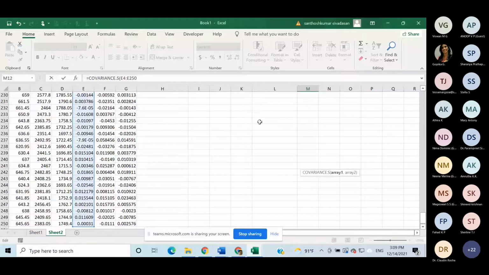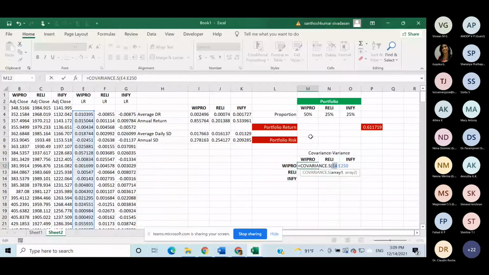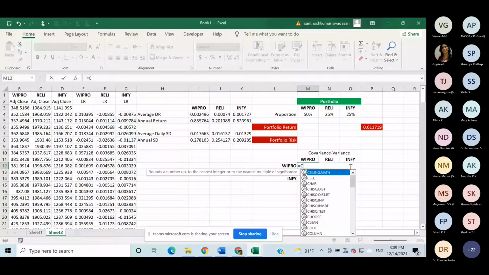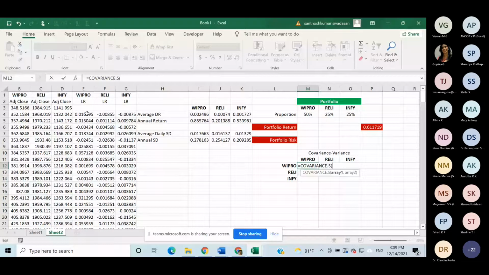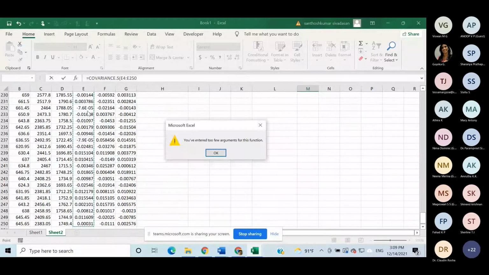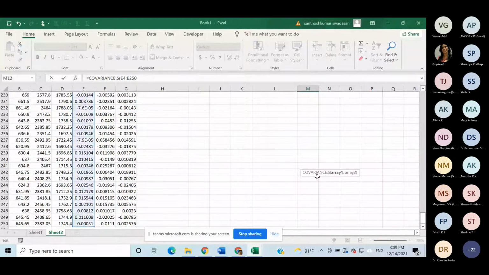Okay, what happened? Covariance. Control Shift down. Wait. What happened?